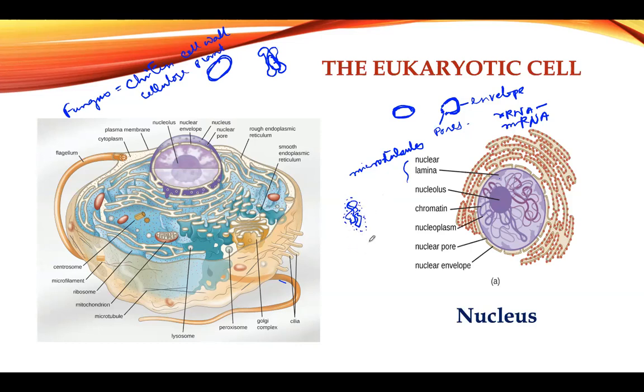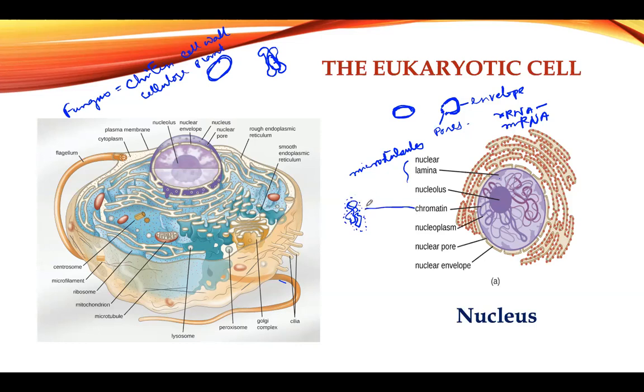When this is the situation, this DNA or the chromosome is very thin and loosely arranged and associated with the protein, and we cannot see the shape, we cannot count them. So we call that DNA and protein together the chromatin material.